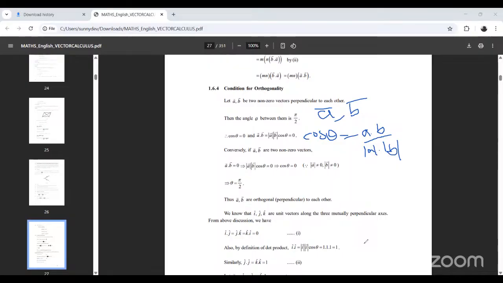Suppose, as we just discussed, if two vectors are perpendicular, the angle should be 90.